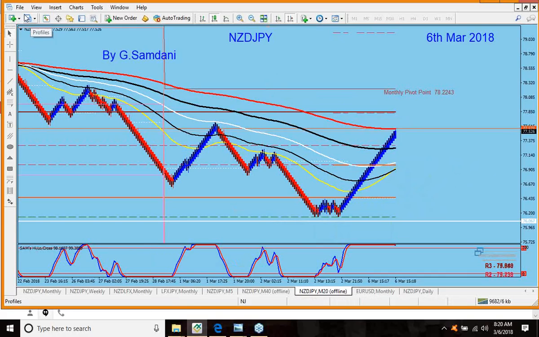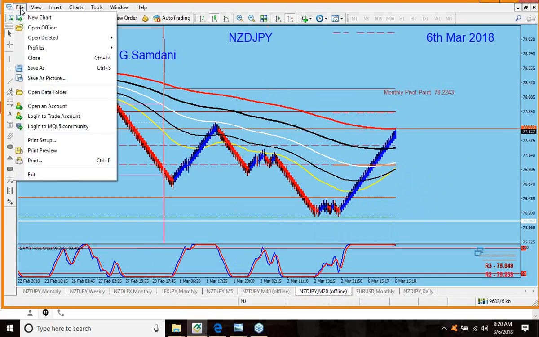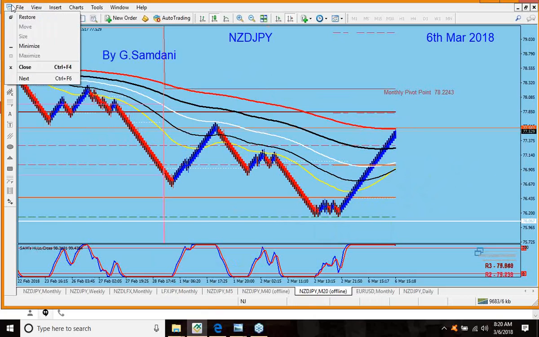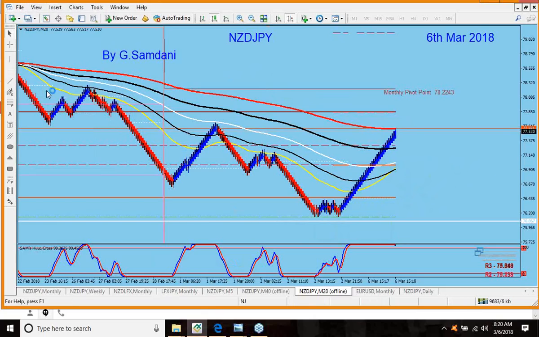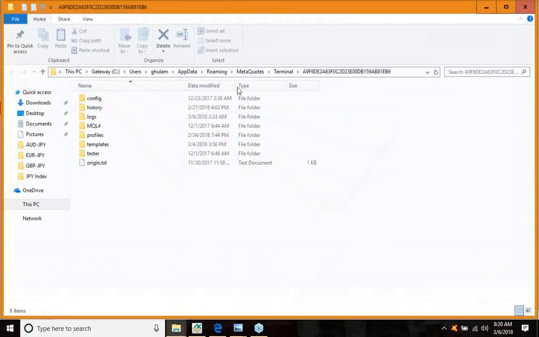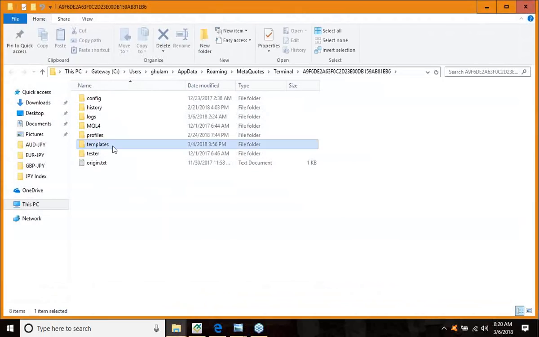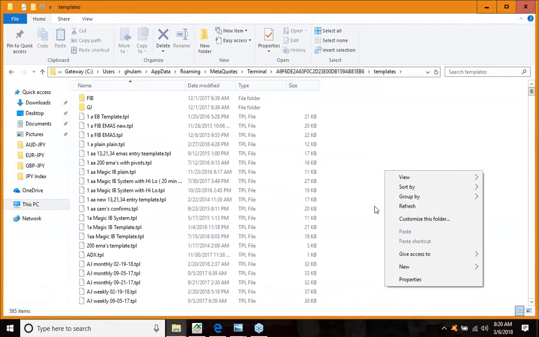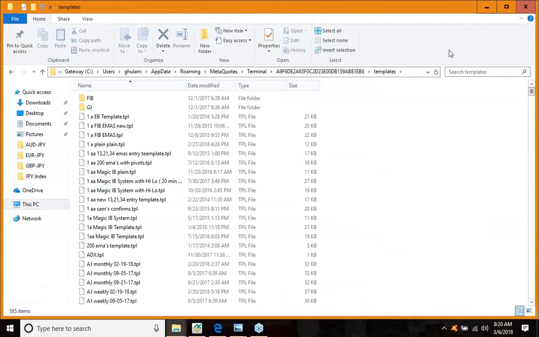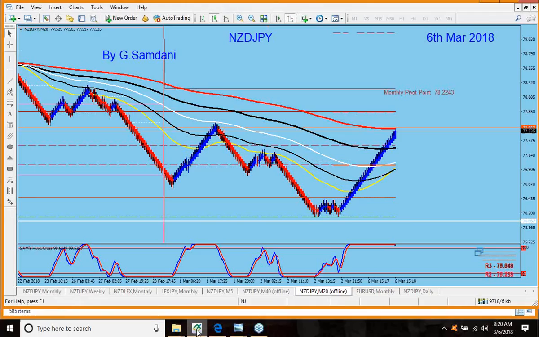You go here. If you don't know, you copy them with your cursor from your desktop, and then you go here and open the data folder. And you see this template? Double click, then right click and paste those templates here. Then you close that window and come here, and all the templates are there.